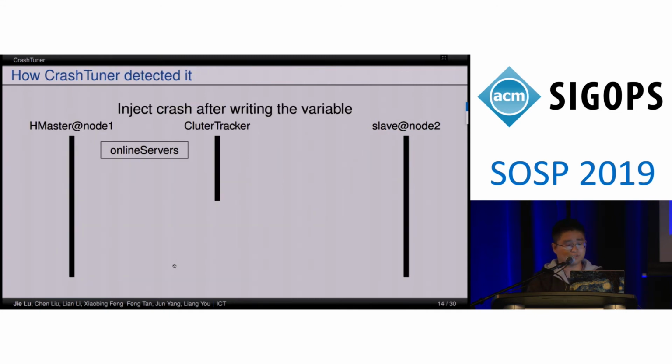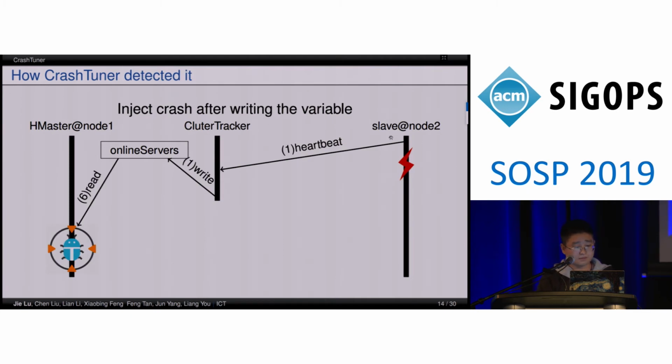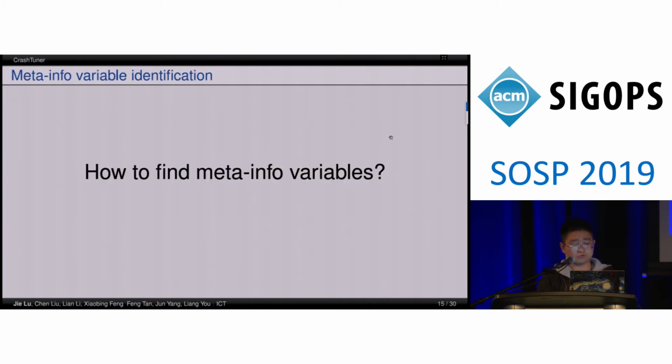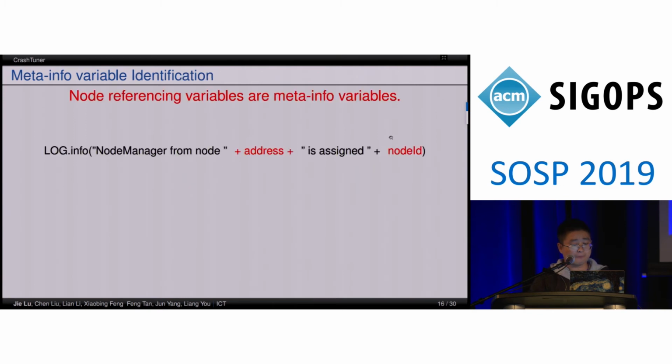So how does CrashTuner detect it? After the tracker has written the slave node into the online service, CrashTuner crashes node 2 and makes the dead node still exist in the online service. Then the master will read the meta-info variable and find the dead node is still alive, and this bug happens. So how do we find the meta-info variables?